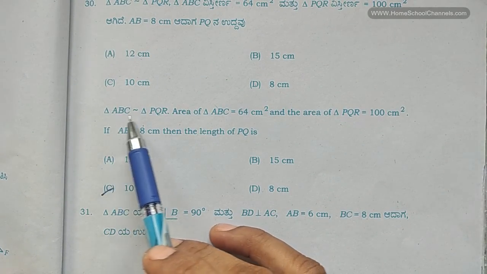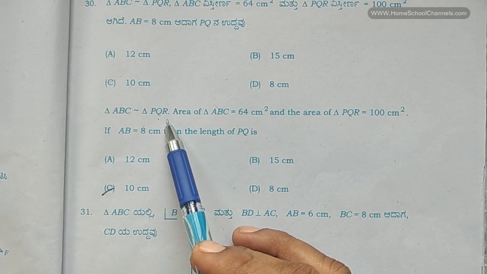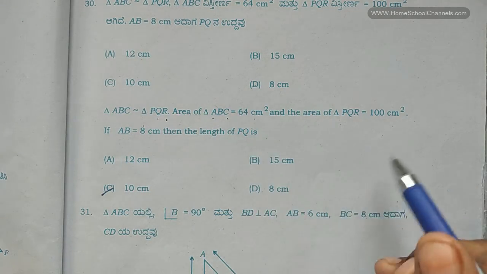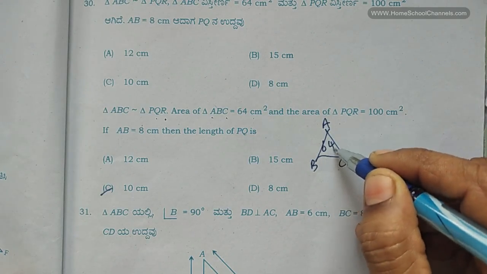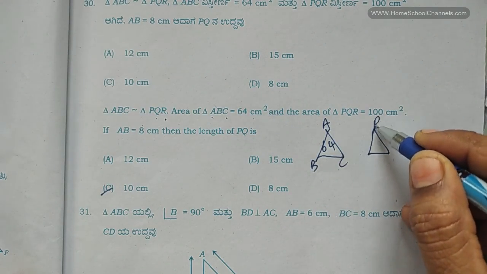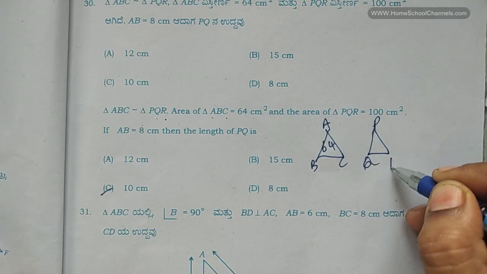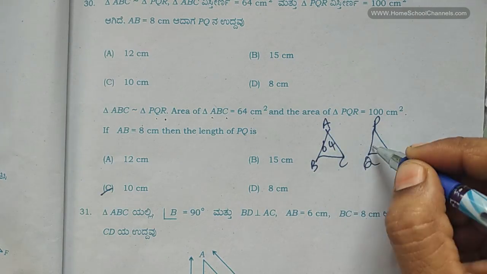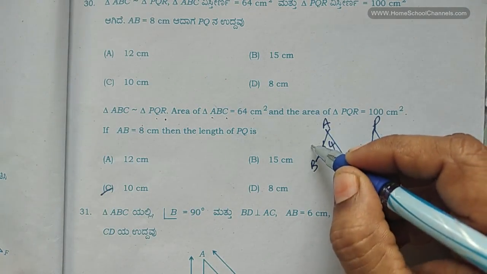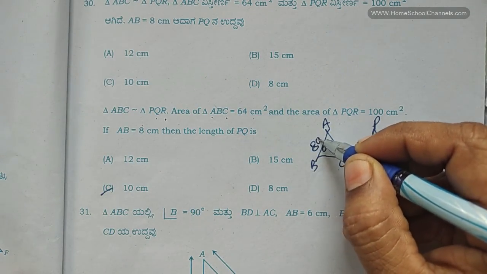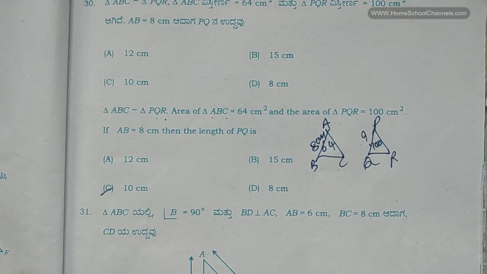30th one, triangle ABC similar to triangle PQR. Area of triangle ABC is 64 and triangle PQR area is 100 centimeters square. Then AB length is 8 centimeters. What is the length of PQ is your question.